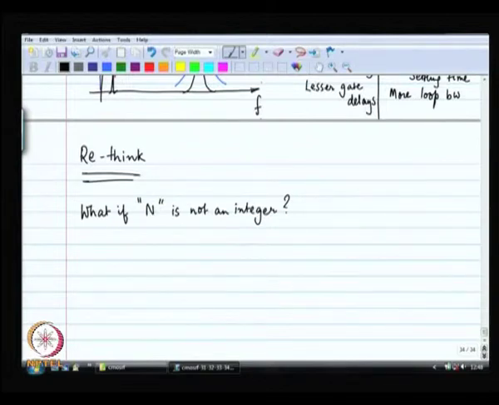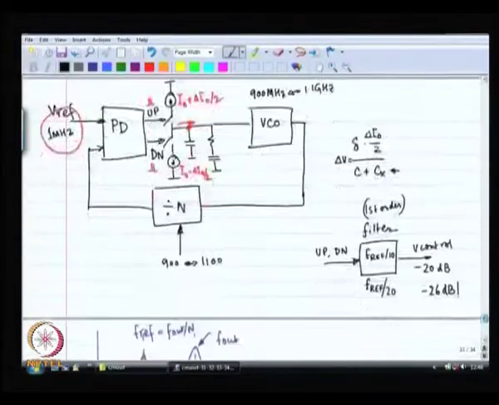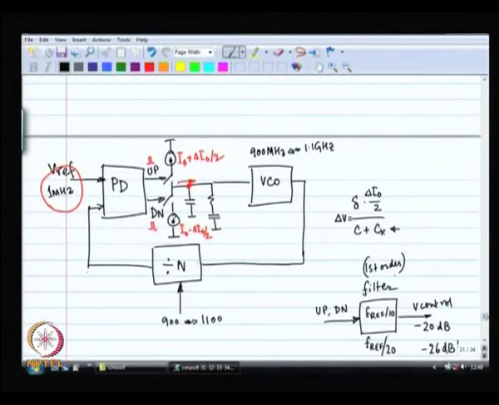Let us say that here we divided by a number n, that was our architecture. What if I do not divide by an integer? I had restricted n to be an integer. I say that let us try to design a circuit which we'll make in the future. Suppose I make some sort of divider circuit which divides by non integers, by any number, okay, any real number.